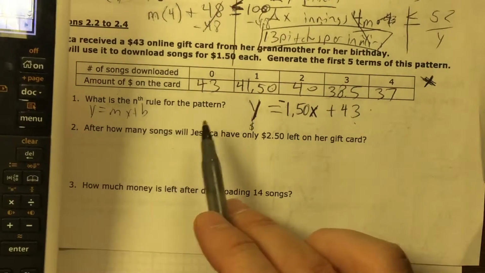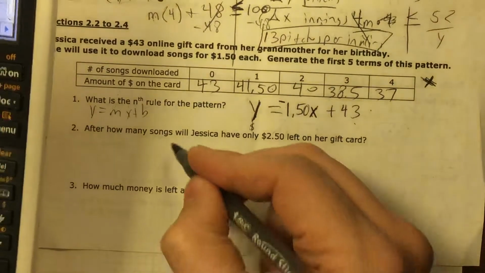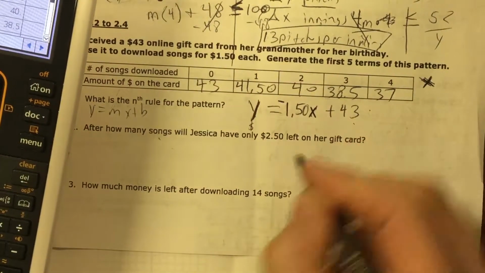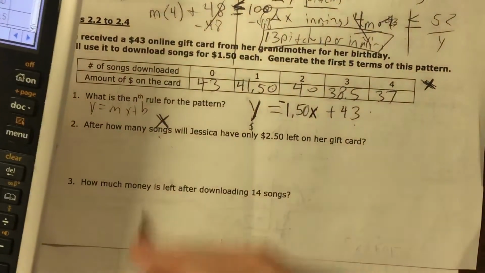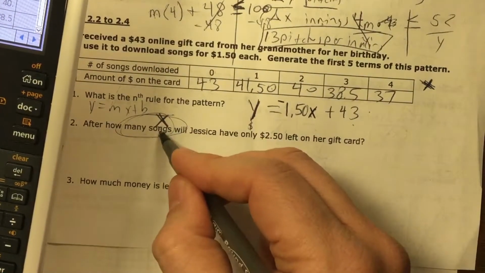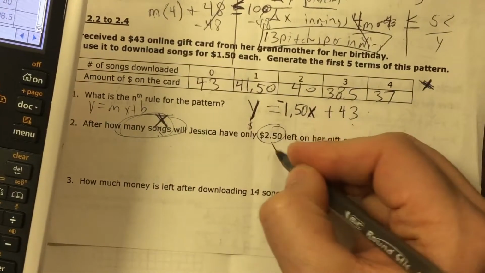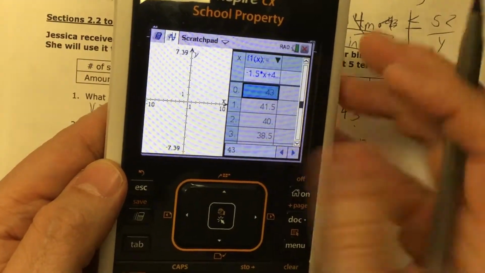The thing that you want to understand when to get these right, you need to know which of these is X and which is Y. Songs is X. That tells us we're looking for the X value. That's what we need to find out. 2.50 is Y. That tells us we're looking for the $2.50 in the right-hand column.